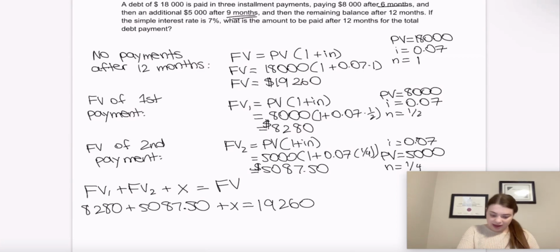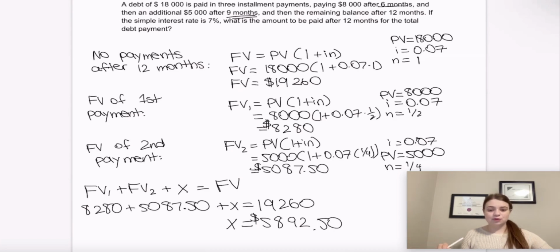So I'm just going to take that 19,260 minus 8,280 minus $5,087.50. And that gives me that X is equal to $5,892.50.